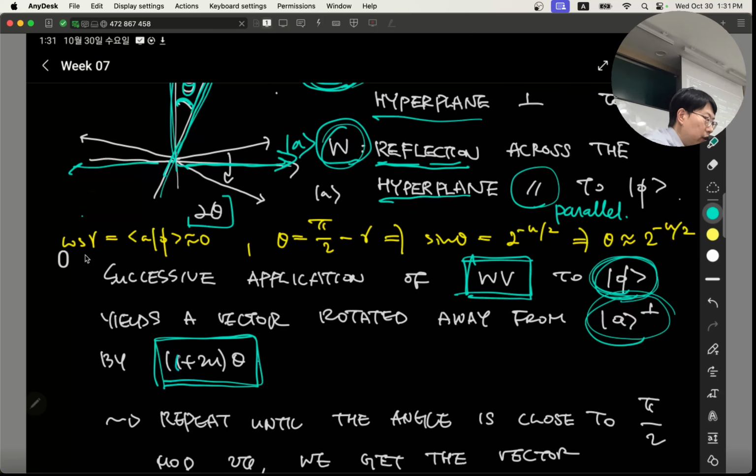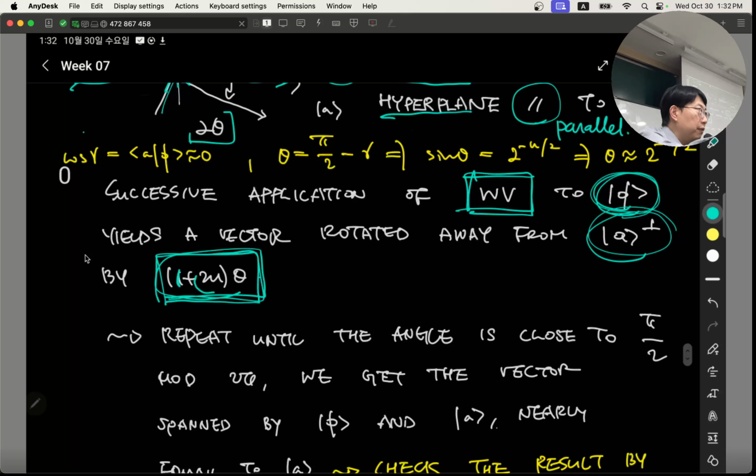Each time it rotates, you add 2 theta to the angle between phi and A perp. So after n successive applications, you get this much angle between these two vectors.